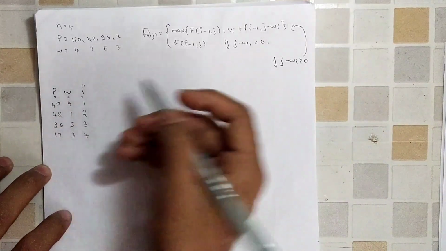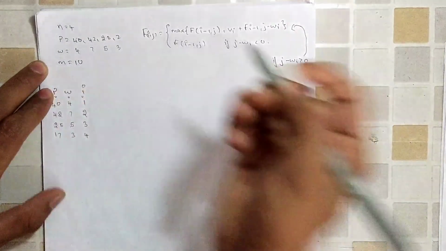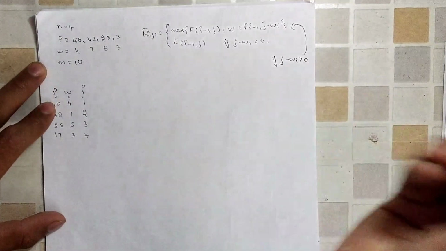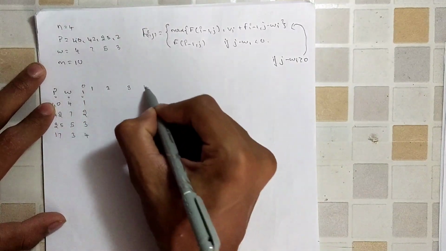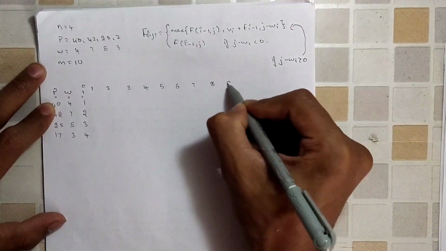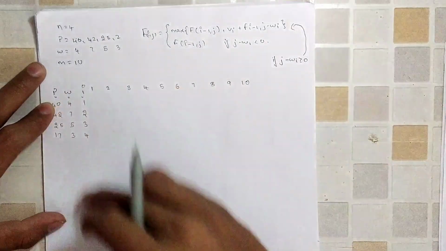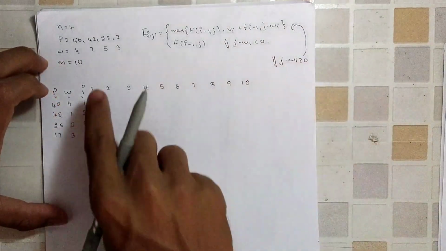Here I didn't write the max capacity. The max capacity is 10, so according to that it will be 1, 2, 3, 4, 5, 6, 7, 8, 9, 10. These are my weight capacities.